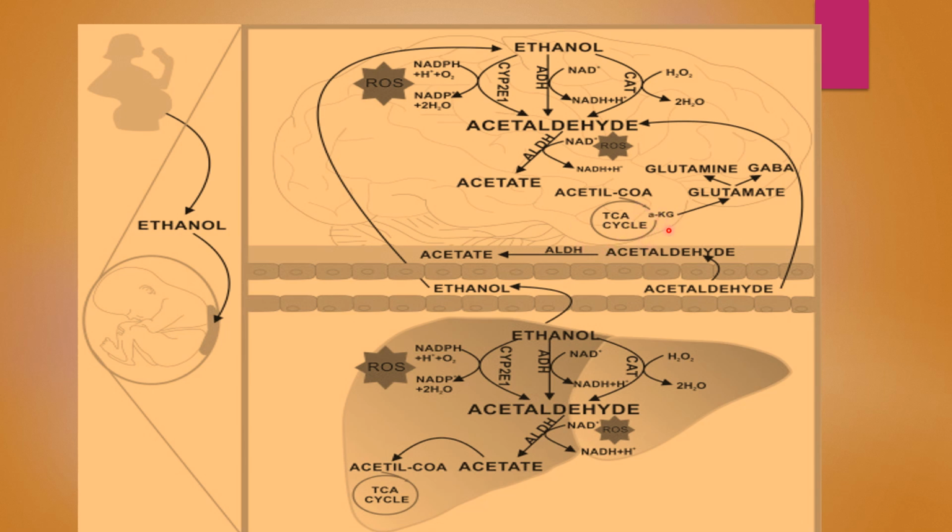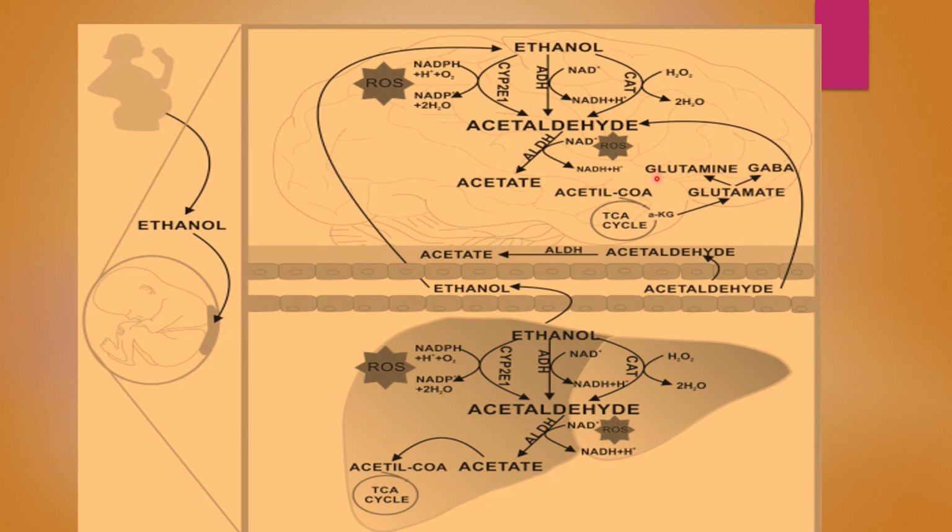One such step is the production of alpha ketoglutarate, which will be hampered if the NADH to NAD ratio is high. And so it is responsible for the production of glutamate and GABA, which is a neuroinhibitory transmitter. So there will be a lack of this particular GABA, and a lot of degenerative changes will happen.